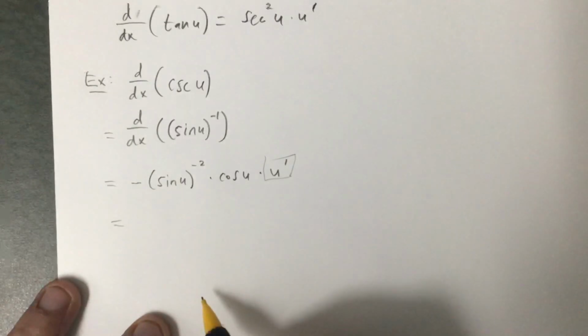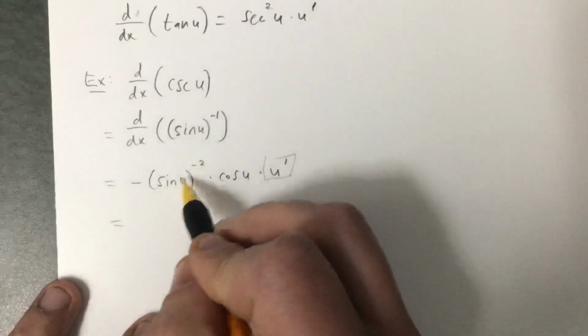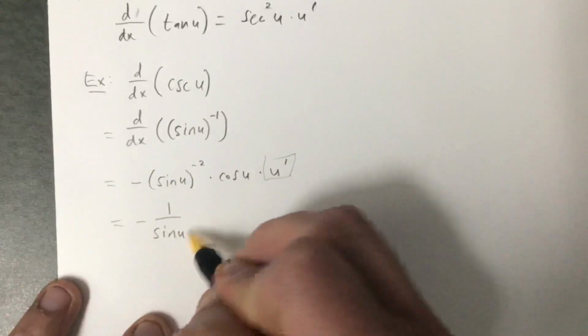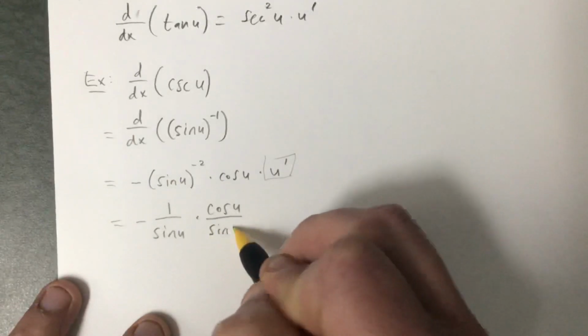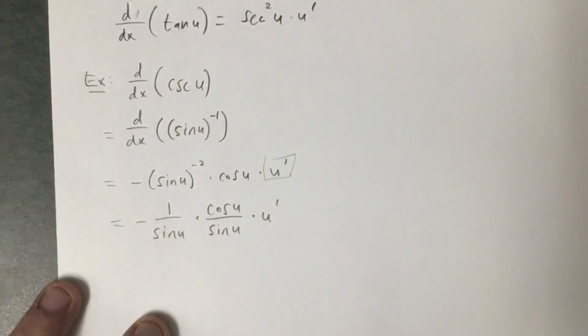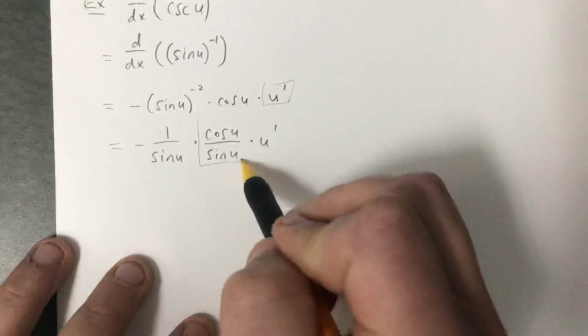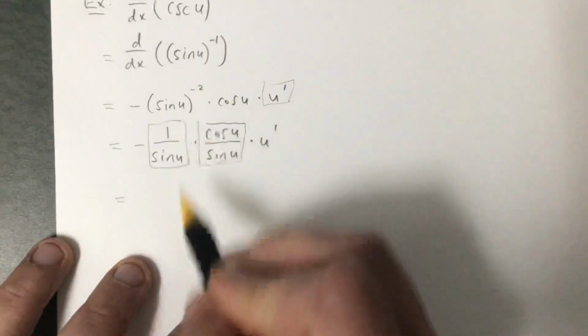And let's rewrite this in a different way here. I'm going to rewrite this as negative 1 over sine u times cosine u over sine u times u prime. And through this, we can see that I can simplify this to be cotangent, and this is really just cosecant.